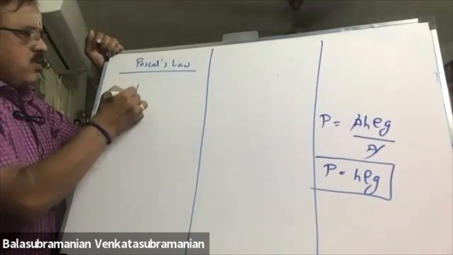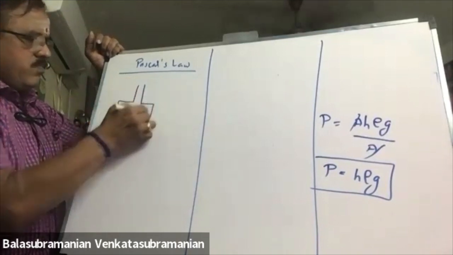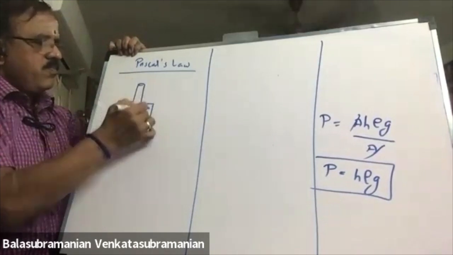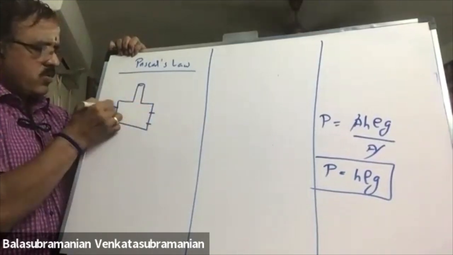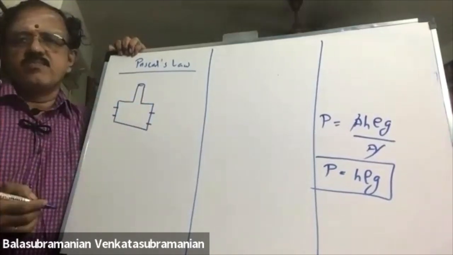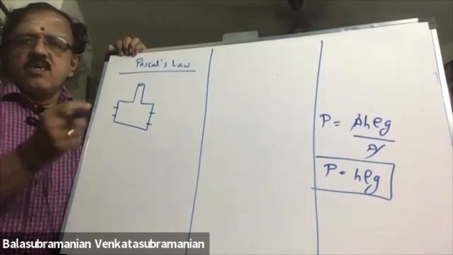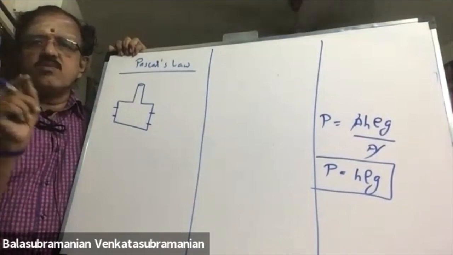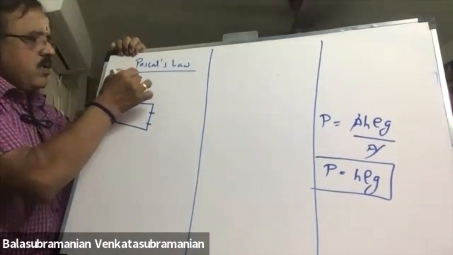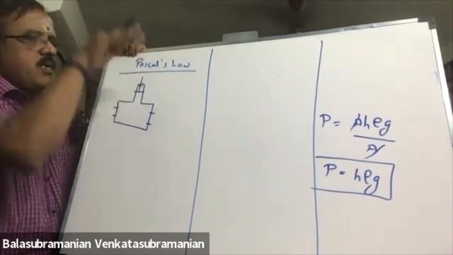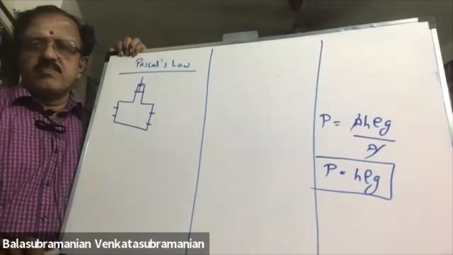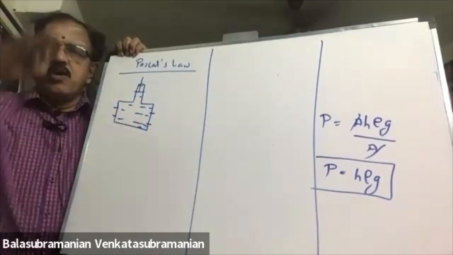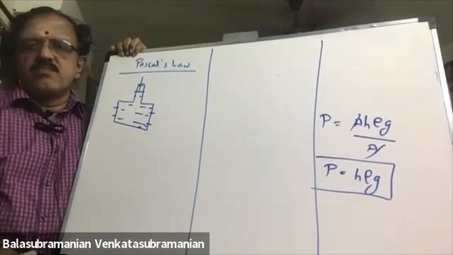Suppose you have a glass container having some holes here. You are stopping those holes, or fixing the holes with something. Now you are applying a pressure from the top. Some liquid is here, say water. You are applying a pressure.